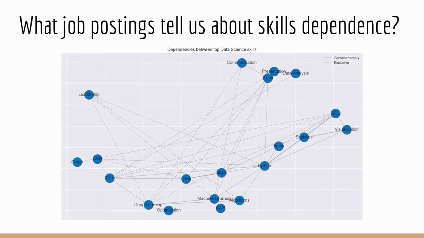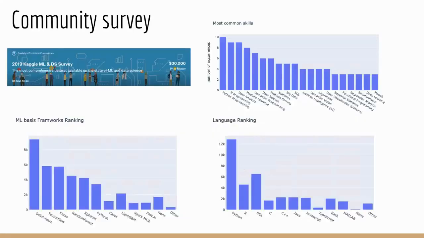Next, when we've analyzed what the demand side of the skills market wants, we proceed to the supply side, to the people who supply the skills to the data science community. So we did an analysis of the two last Kaggle data surveys to explore what the trendy programming languages, trendy frameworks, and so on are.